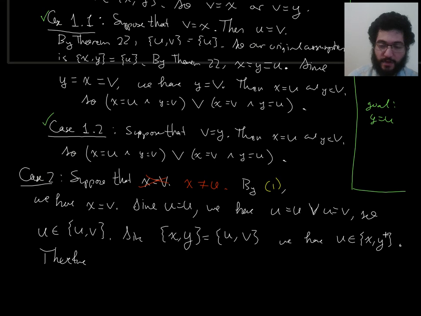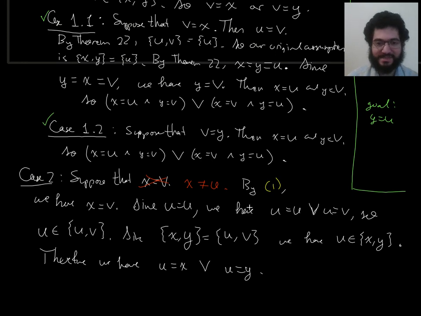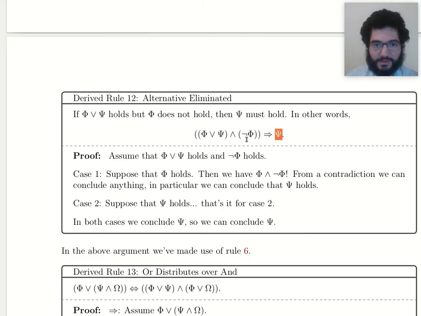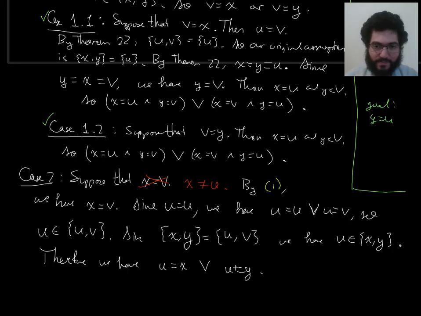Therefore, using axiom 5, which is the only way I can make any use of this, we have u is x or u is y. But u is not x. So this is, again, alternative eliminated. Since u is definitely not x, we have that u is y.